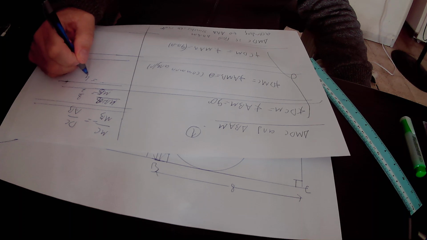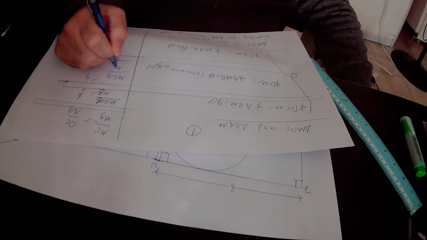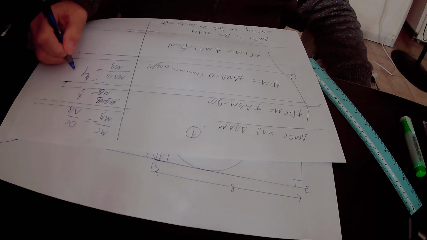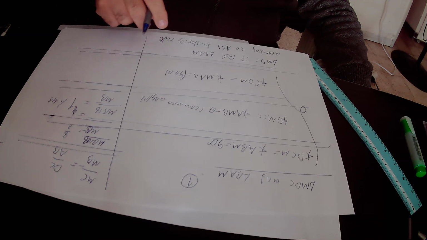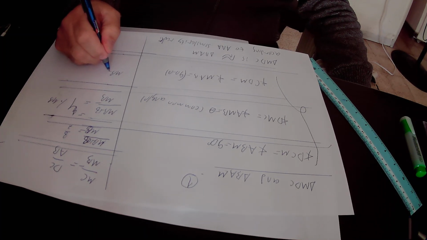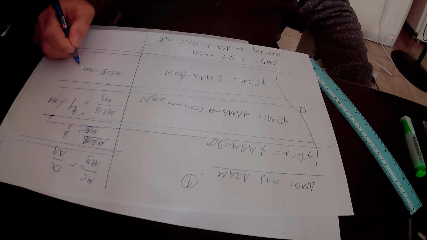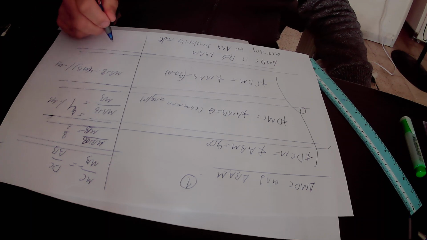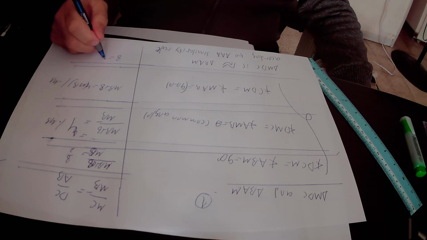8 over 2 is 4, so MB plus 8 over MB equals 4. We multiply this equation by MB and we get that MB plus 8 equals 4 MB. Here we subtract MB from this equation and finally we get that 8 equals 4 MB minus MB, which is 3 MB.